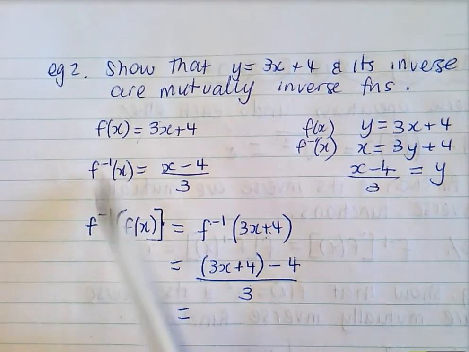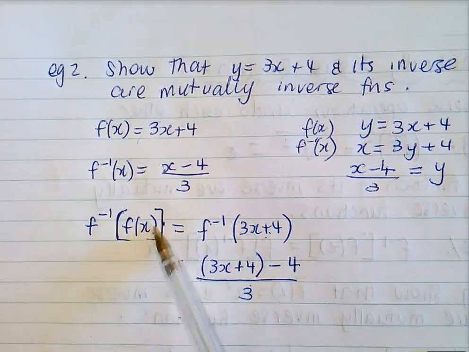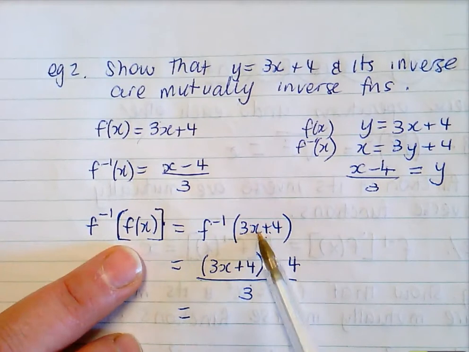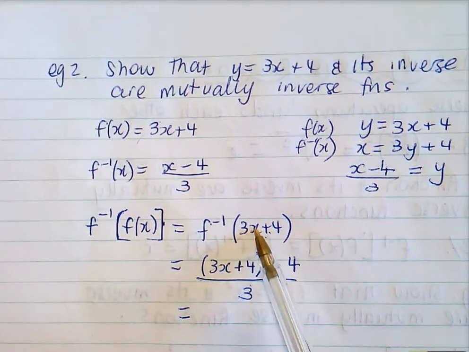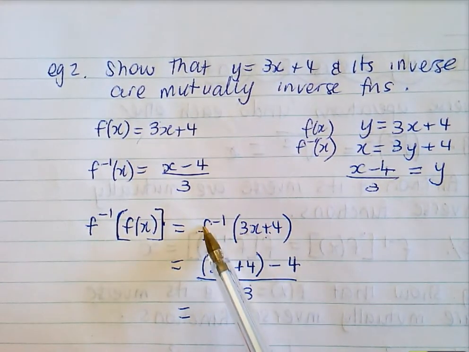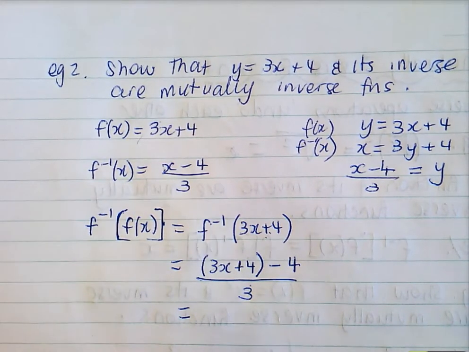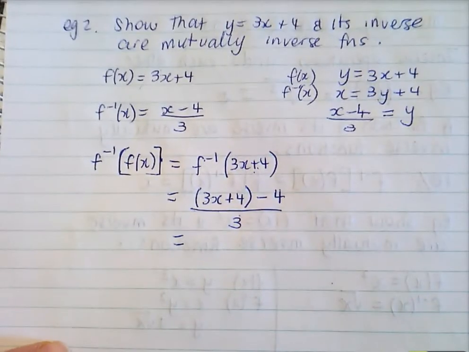We start with this one. So inverse function of the function of x, that's the inverse function of 3x plus 4. The 3x plus 4 gets substituted into the inverse function wherever the x is in there. So do we get that?